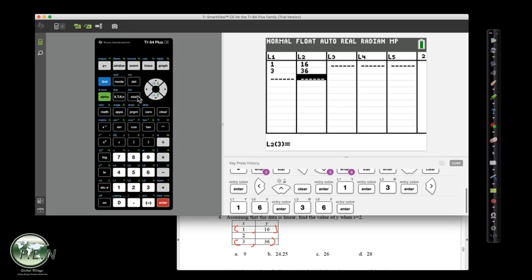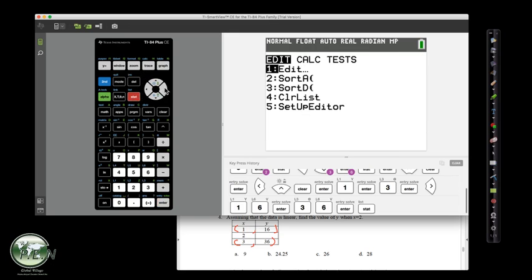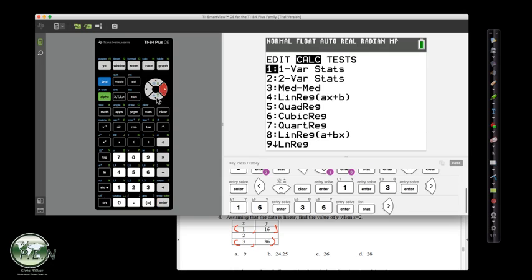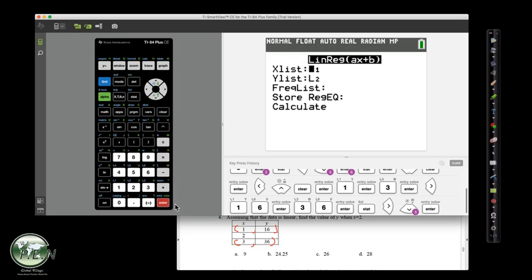See, how do we do that? We hit the Stat button, we go over to Calc, and down to number 4. And again, you could just enter number 4. Hit Enter. Remember this screen. Enter a bunch of times or arrow down till you get to Calculate, or in the TI-83 just hit Enter and it will calculate your linear regression line.